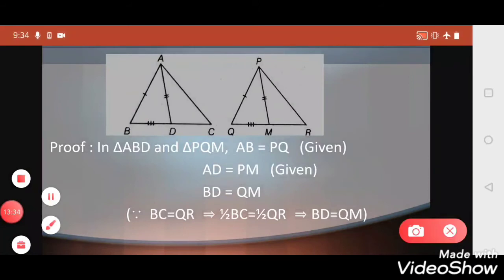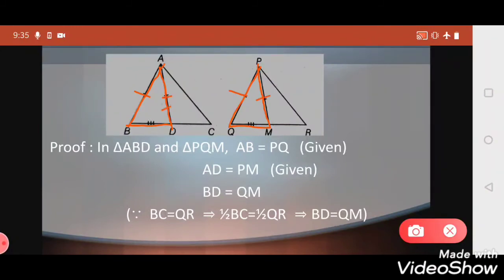Let's see in the figure. So we have selected triangle ABD with triangle PQM. This is our triangle PQM. Already AB equal to PQ is given. Then AD equal to PM is also given. And the third thing we have taken, BD equal to QM, because half of BC is BD and half of QR is QM.